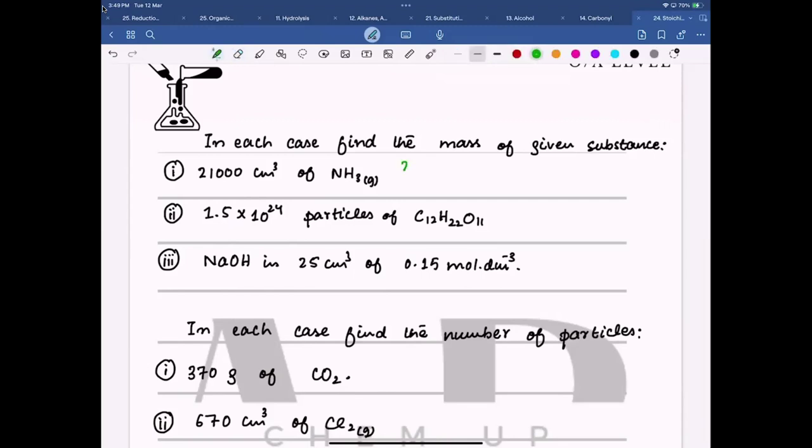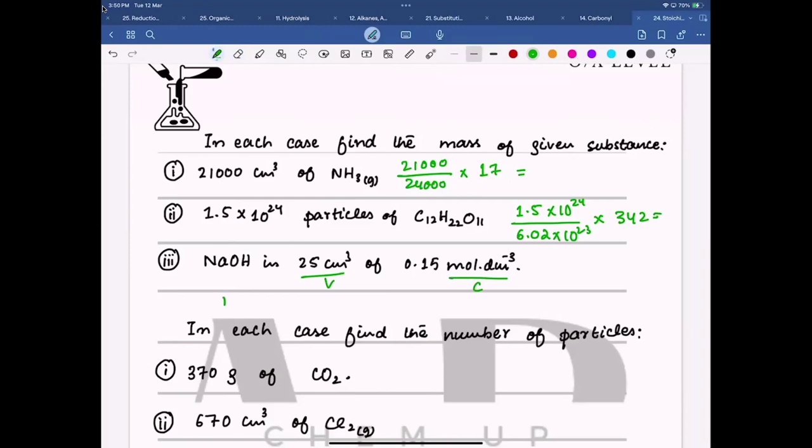For the first one, dividing by 24,000 centimeter cube will give me the moles, and then multiplying those moles with the MR, I will get the answer. In the same way, I have a number of particles given. If I divide it by Avogadro's number, I will get the moles, and then if I multiply it with the MR, which is 342 for this compound, I will get the answer. In the last case, we have a volume and concentration.